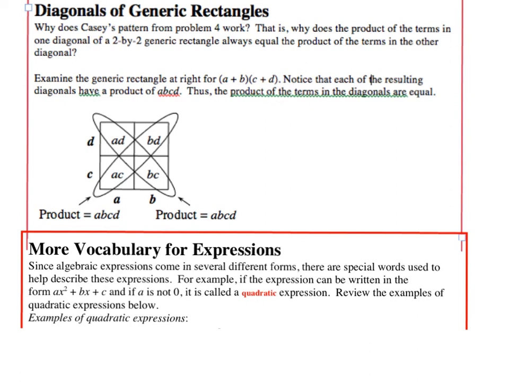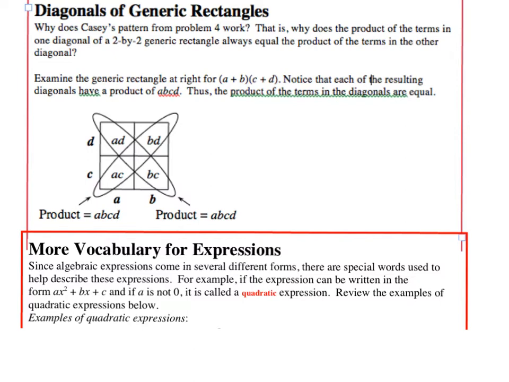So here's a little summary. Why does Casey's pattern work? So why does the product of the terms in one diagonal of a 2x2 generic rectangle always equal the product of the terms in the other diagonal? Examine the generic rectangle given for (a + b)(c + d). Notice that each of the resulting diagonals has a product of abcd.